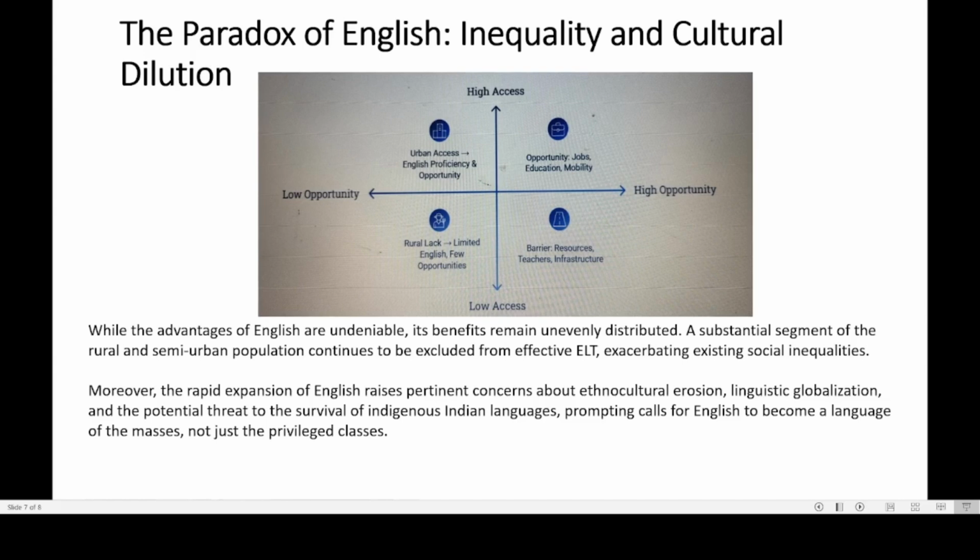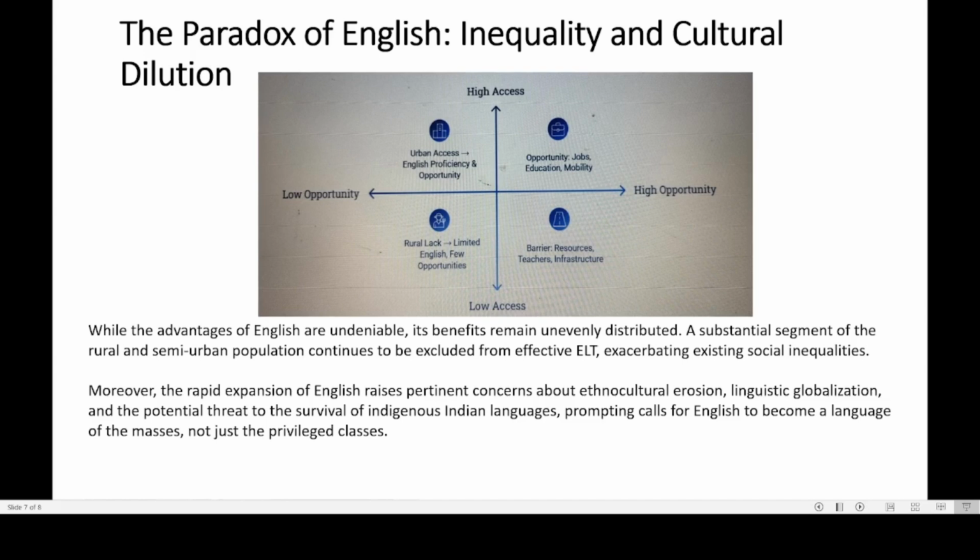Another concern in front of the Indian students is about Indian languages and culture. Our country has a very rich linguistic heritage, and we have many languages in our country that carry centuries of literature, poetry, story, culture, knowledge, etc. And some linguists worry that if English becomes too dominant, the younger generation may start ignoring their mother tongues.